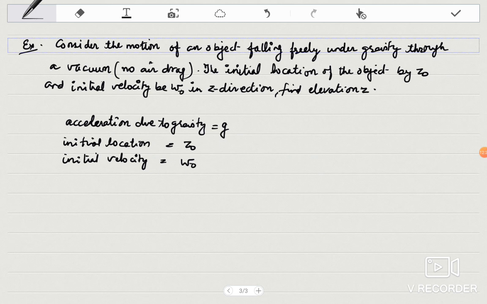And you have to find the elevation, it is z. So your experiment will itself explain the variables involved in the problem. In this case, the variables involved are 4 in number. So step 1 is: list the parameters.